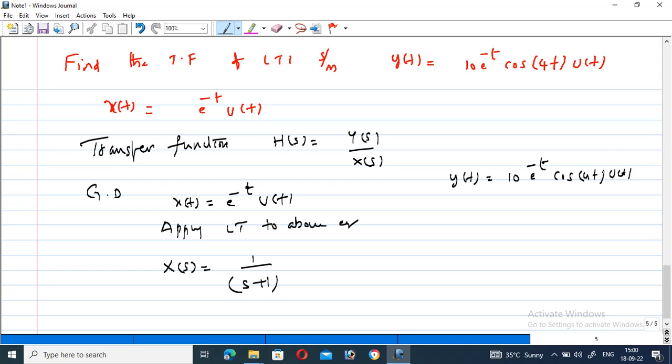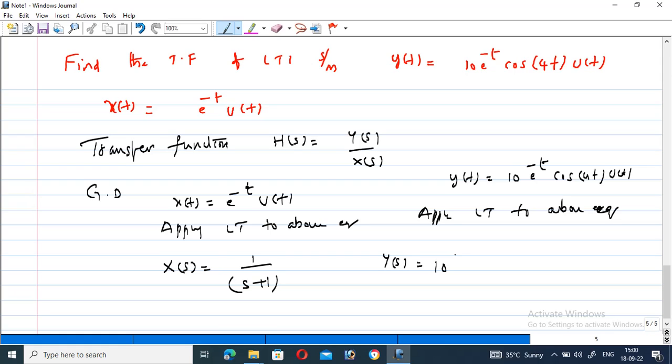So if you want to find out this one, we can directly write, I will just apply Laplace transform to the above equation, right? Then it can be represented as Y(s) is equal to 10, a multiplication factor, no problem.